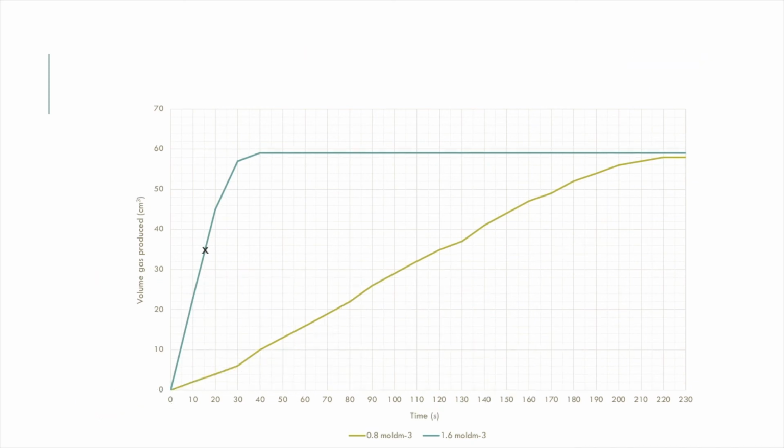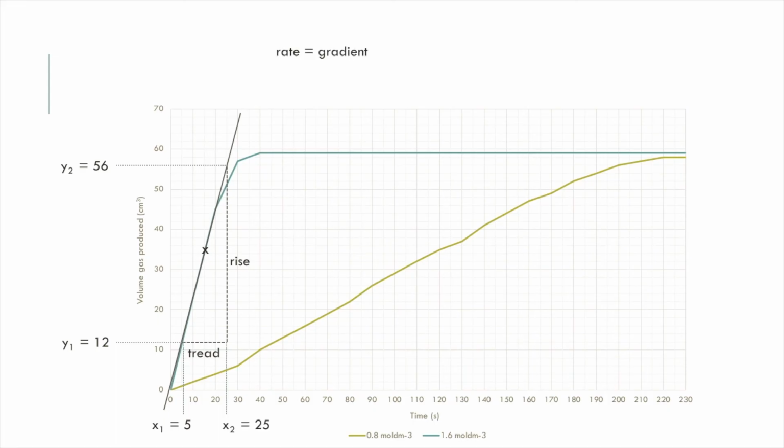Now we're going to compare that rate to the rate of the faster reaction when it was also at 15 seconds. So again, we need to draw a tangent at this point in the graph. Draw a large triangle so that we can calculate the rise and the tread. In my triangle, y1 is 12 and y2 is 56. x1 is 5 and x2 is 25.